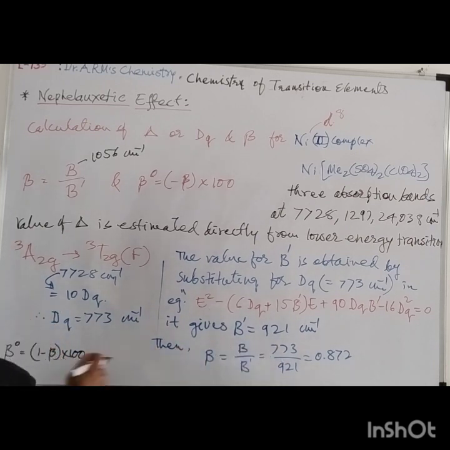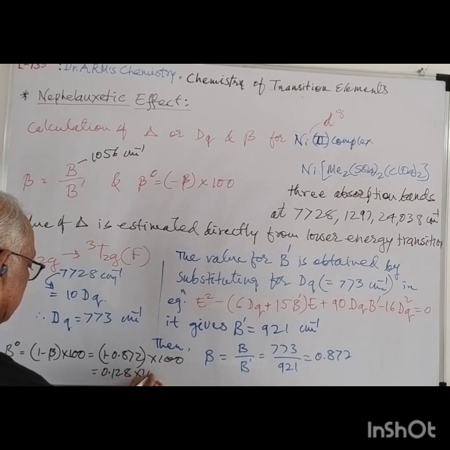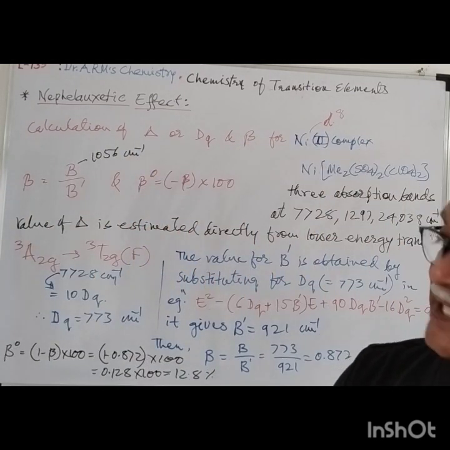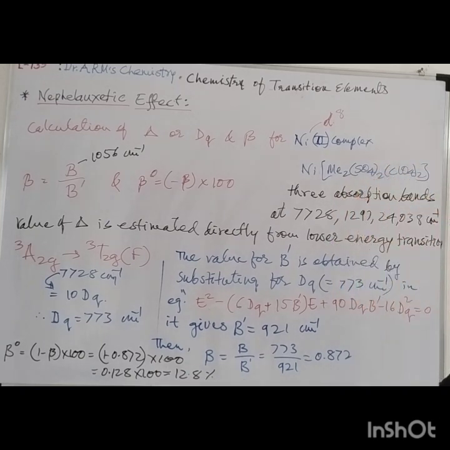So this beta value is used here, and it shows 1 minus 0.872 into 100. This is equal to 0.128 into 100, and this is equal to 12.8%.